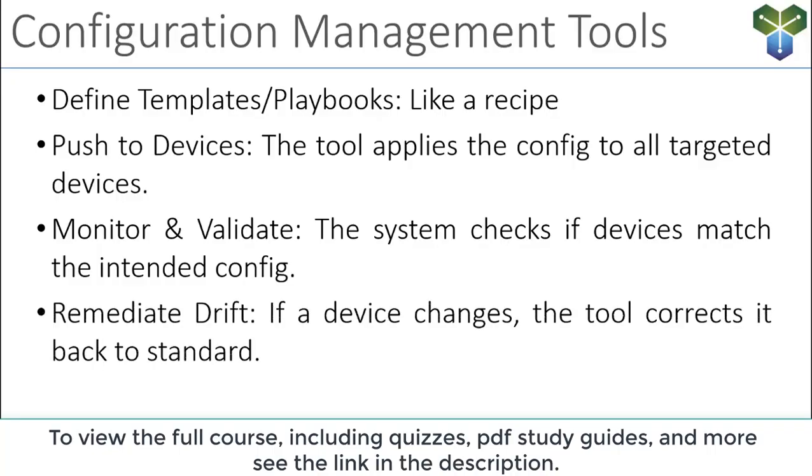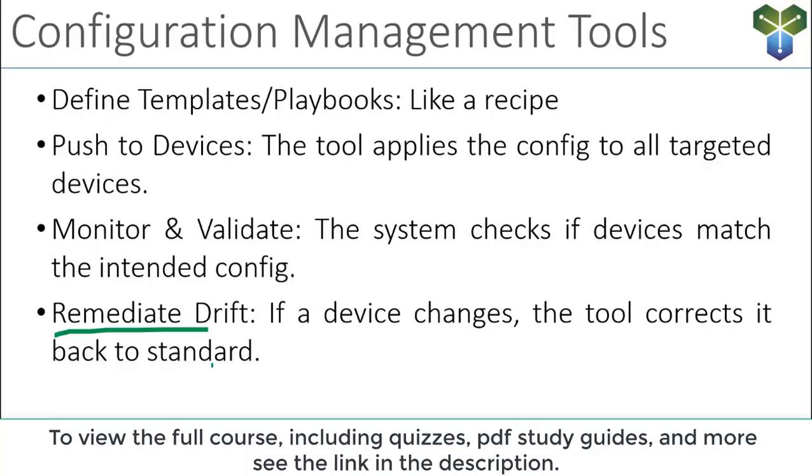So let's say that somebody logs into a router and makes a manual configuration change that does not conform with our template or our playbook. The configuration management tool will detect that change and it will remediate it and bring that device back into its desired state.